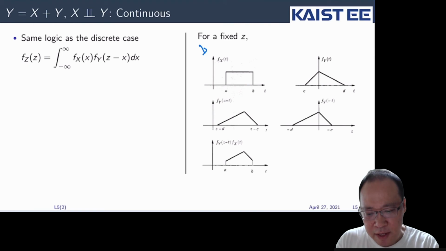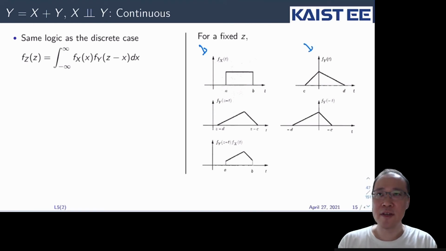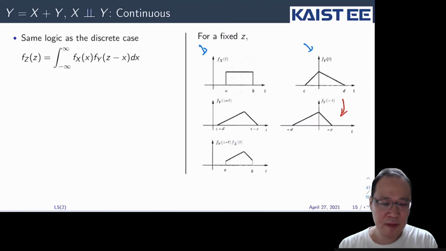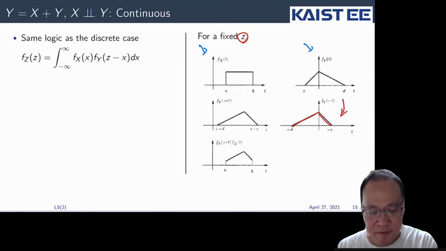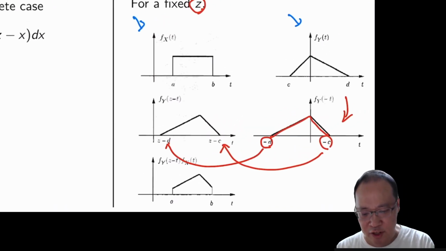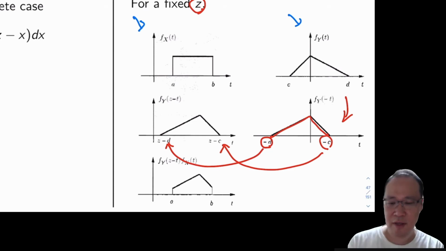So for example, suppose that fX is given like here and fY is given here. And what we have to do is that we first flip, okay? So we get this. And then z is given, so we do the right shift by the amount of z. So this is minus c, and that becomes z minus c. And this is minus d, and this is z minus d. So do the right shift.